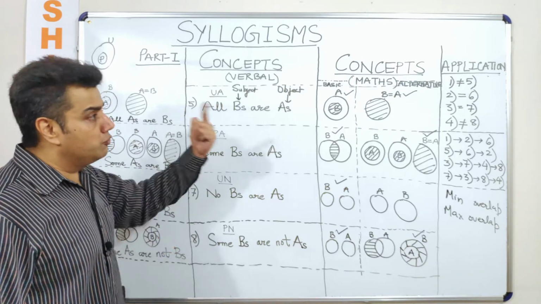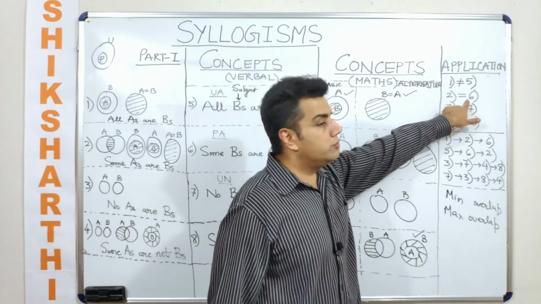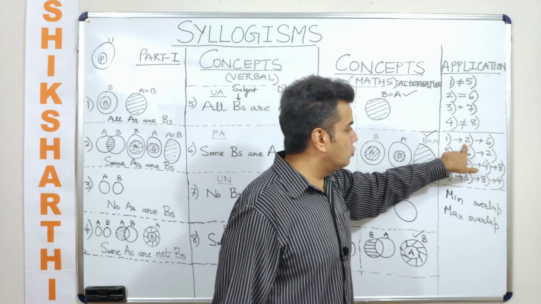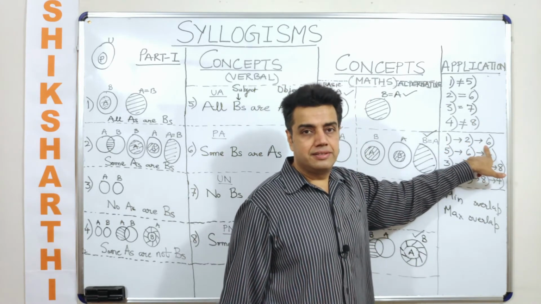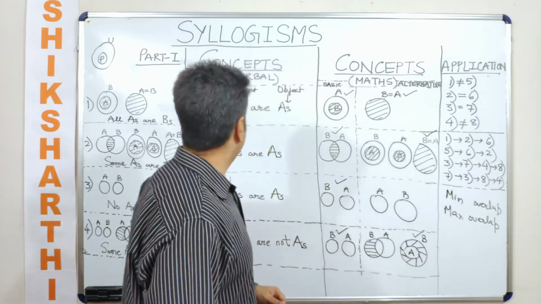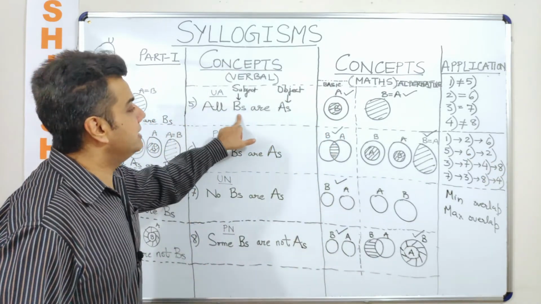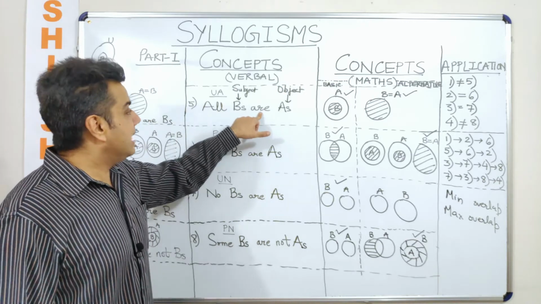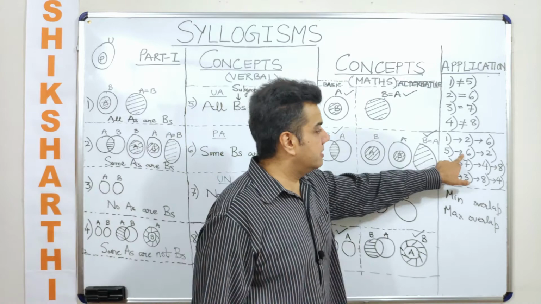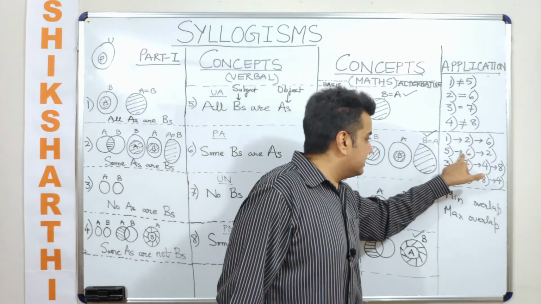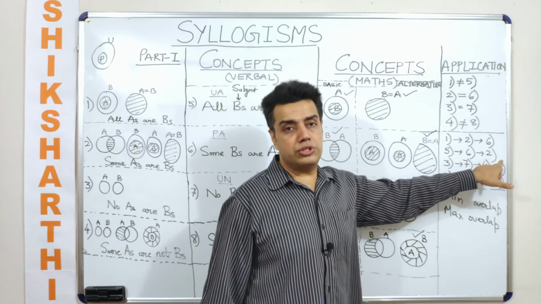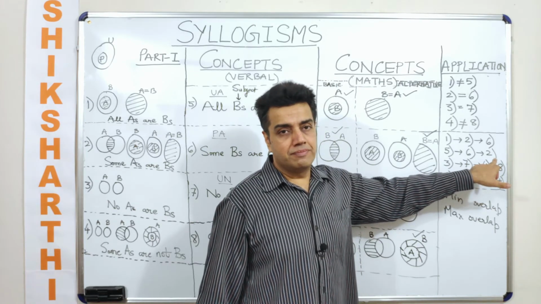And few minutes back we talked about 2 is equal to 6. So if 1 concludes 2, that means 1 concludes 6. I hope this is understood. Similarly, the fifth part: if I am saying all B's are A's, analogously, at the same time I can say some B's are A's, which is 6. Now 6 is equal to 2. So at the same time I will have case 2 as a conclusion as well.